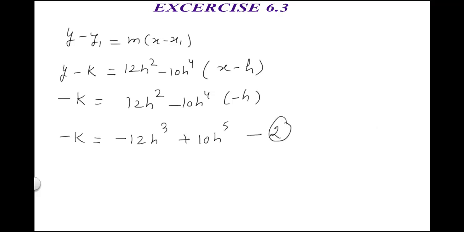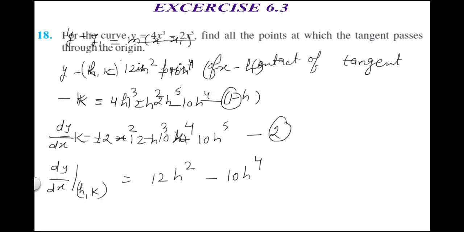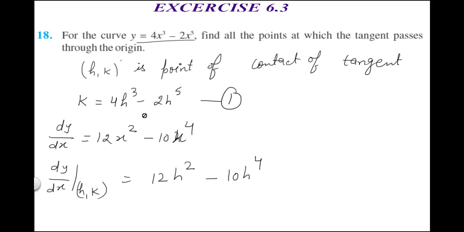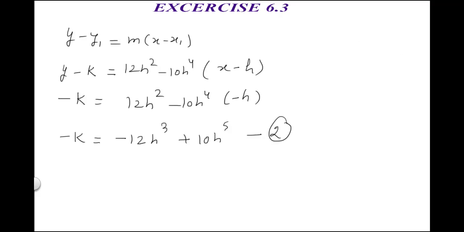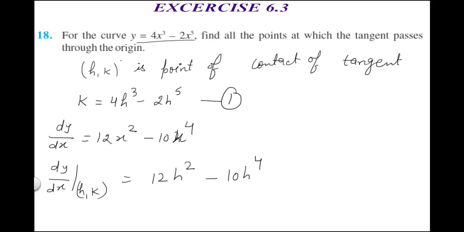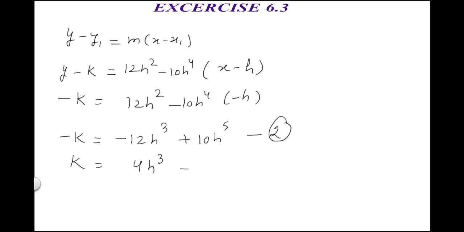So we had equation number 1 also: k equals 4h cube minus 2h to the power 5. So this is equation 1.